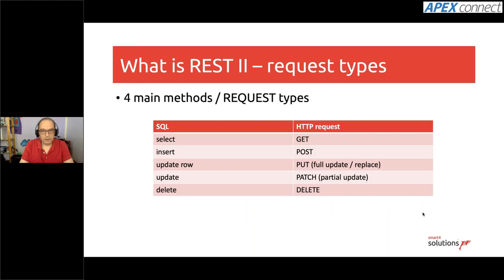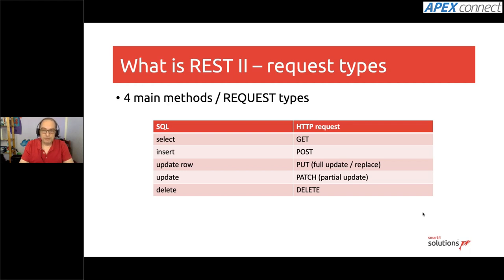So when doing a request, with our browser, again Chrome or Firefox, we do a get. We try to get a certain page from the internet. And the SQL equivalent of that is a select statement. So if we're talking about REST services, the equivalent of a get is a select. But there are other HTTP request types as well.